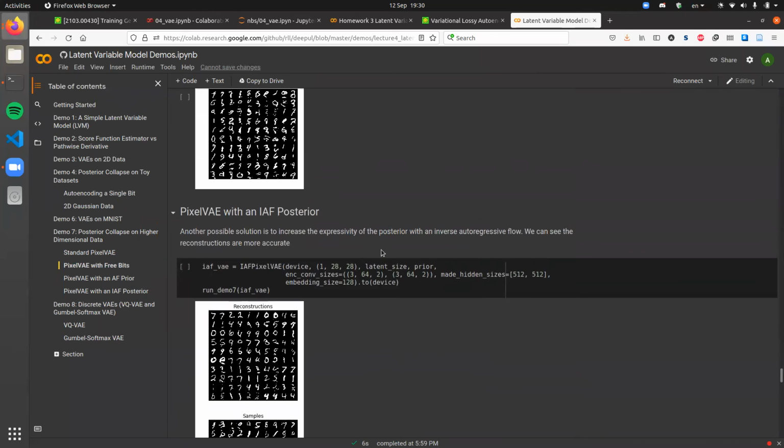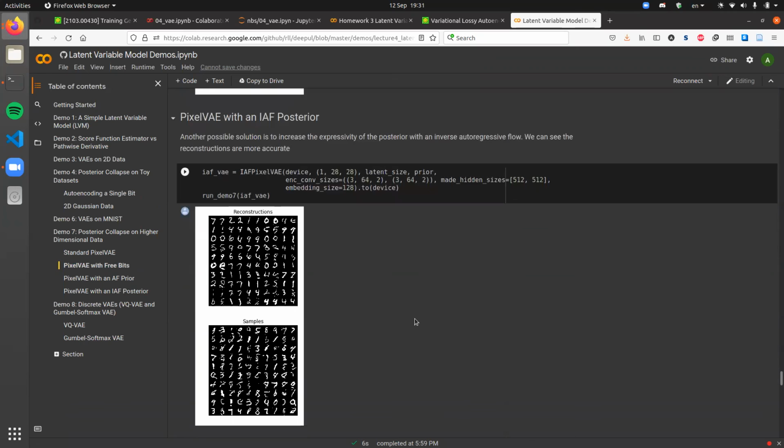They don't just use Pixel CNN naively as a decoder, but they have up convolution as the decoder, and then a couple of layers of Pixel CNN. You can think of it as using the Pixel CNN to sharpen the output of the VAE decoder. And yeah, that is another thing to try.